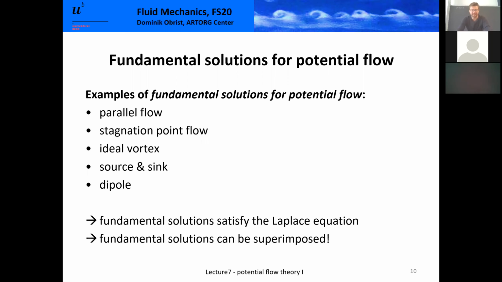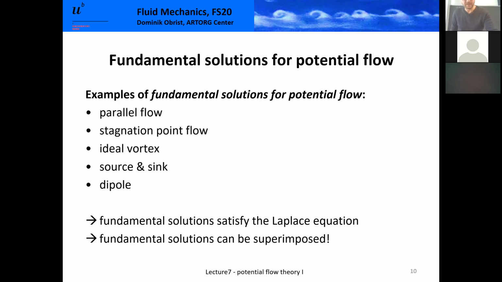We had this, I think, even in the second week when we looked at a vortex without vorticity, right? That was the ideal vortex, no vorticity in it. That pops up again. We're going to look at the source and the sink, and we're going to look at the dipole. All these fundamental solutions satisfy the Laplace equation. Therefore, superpositions, sums, combinations of multiple of these fundamental solutions will still be solutions of Laplace.